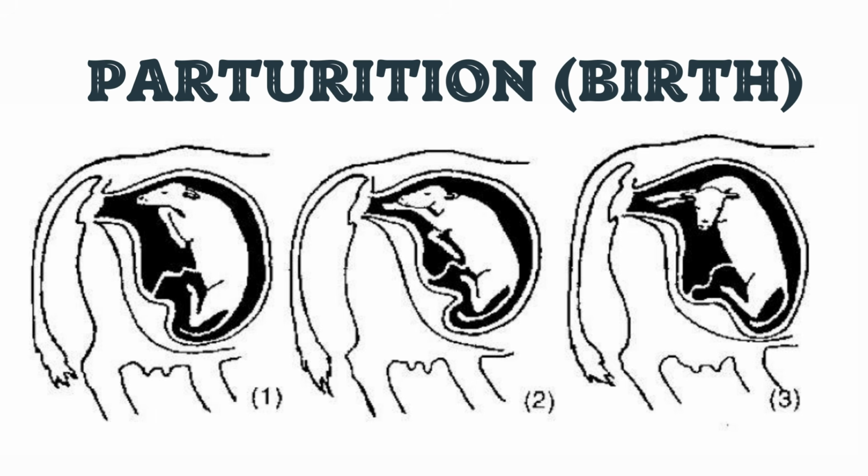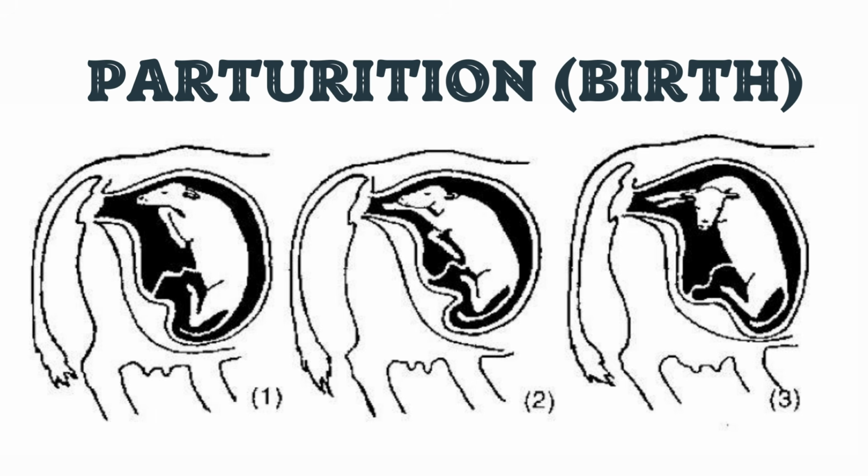And then the fluid is released. Now, this also lubricates the birth canal. Now, the fetus is then expelled through the dilated cervix, and then the umbilicus pulls loose from the endometrium, right?